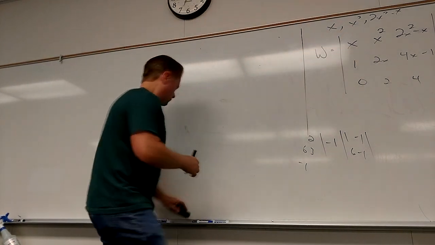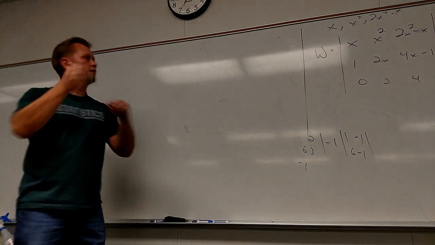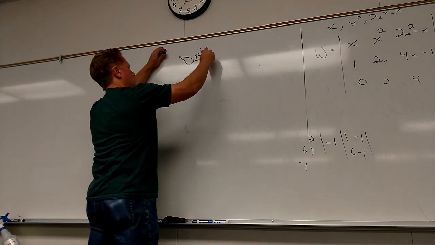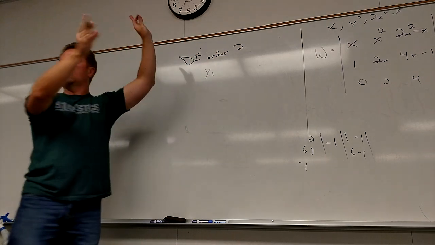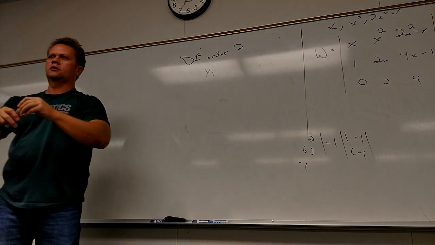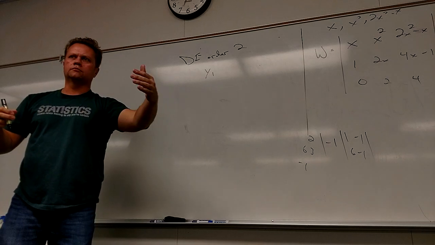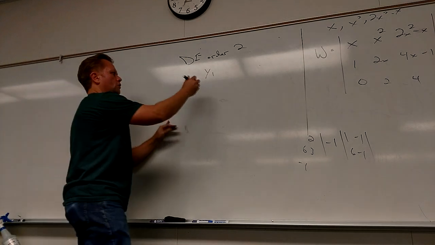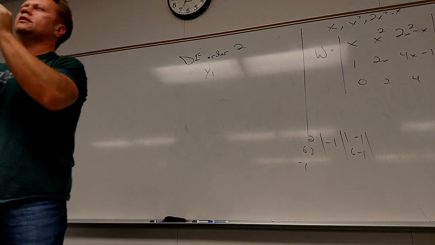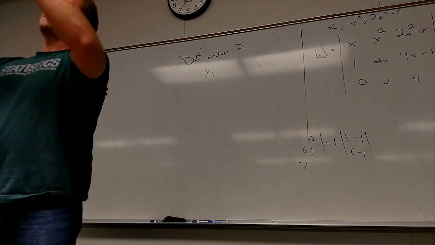Let's say I have a DE of order 2, and I know I have y1, a function that I know works. There has to be another one, right? Because it's order 2. Here's the thing I forgot to say.